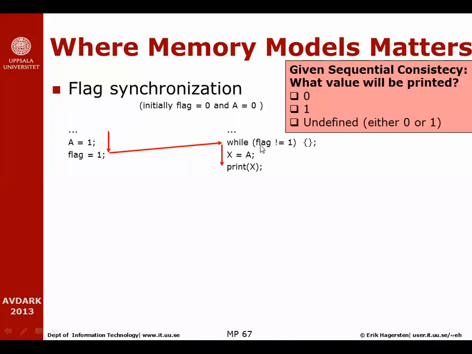Value 1 is printed here because this is the program order, here's the value order, and we can make use of the value order and program order to order all these transactions in some global order. So this is one possible global order, and there are no contradictive global orders, which means that the statement x equals A is happening after A equals 1. So x should get the value 1 and we should print the 1.